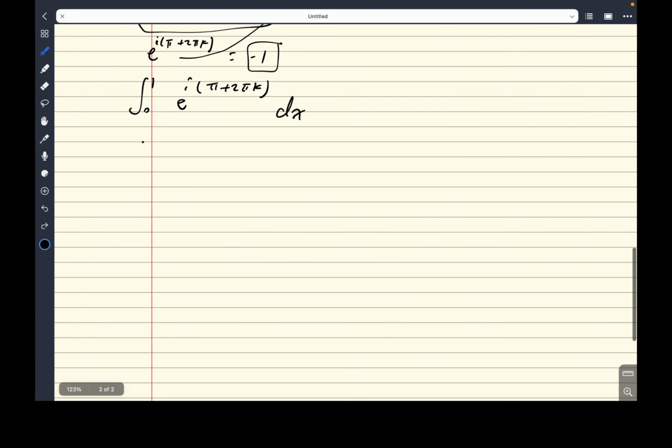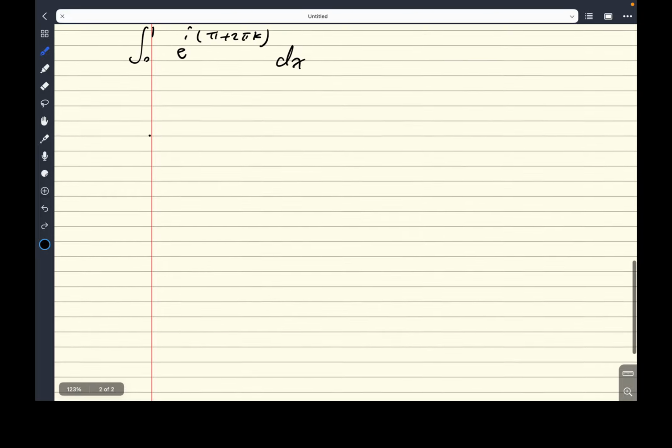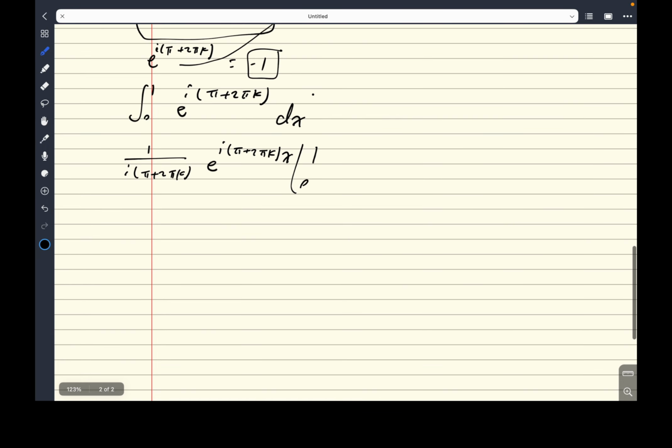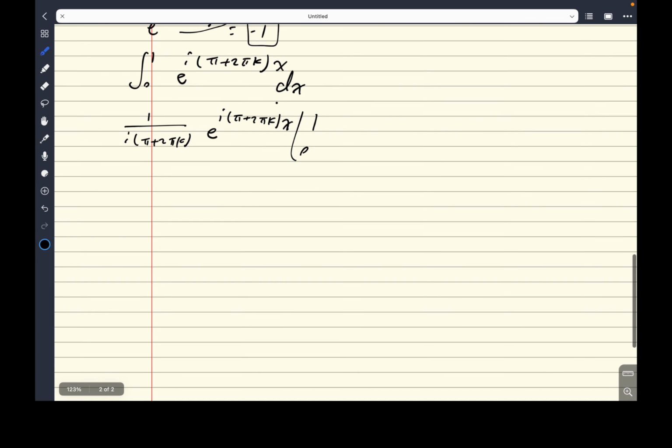We can use the reverse power rule, the exponent rule for the e to the x function, and it's going to be 1 over i times (pi plus 2 pi k) times e to the power of i times (pi plus 2 pi k) x from 0 to 1. I forgot to place x here. Now I'm going to place it.